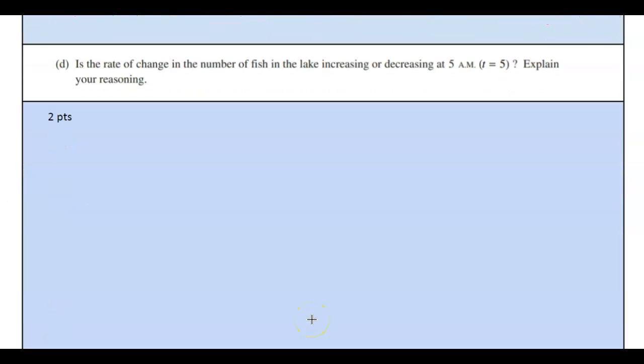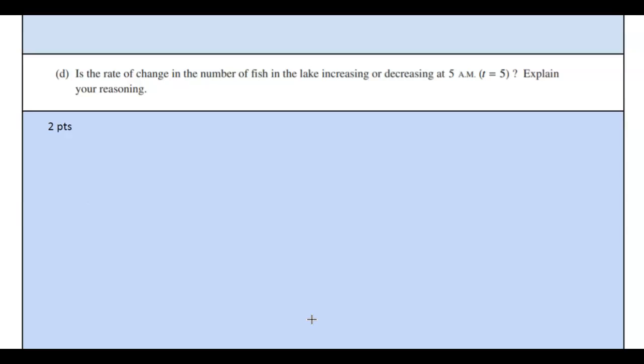So part D says, is the rate, so is the derivative, rate of change, in the number of fish in the lake increasing or decreasing? So that implies a derivative of what we want. So what I'm really looking for is the derivative of the number of fish.